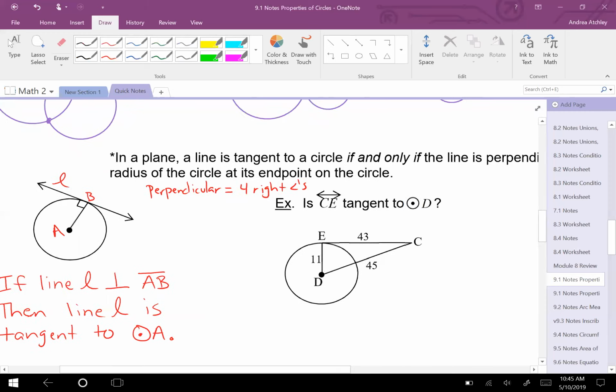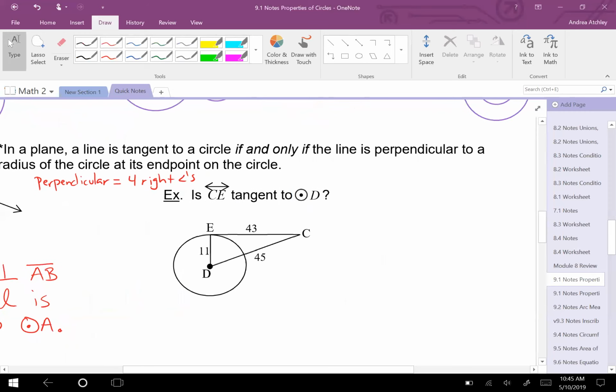So in this one, is line CE tangent to circle D? In order to prove that they're tangent, I need to prove that segment ED is perpendicular to segment EC, because that's what that theorem I just said was.